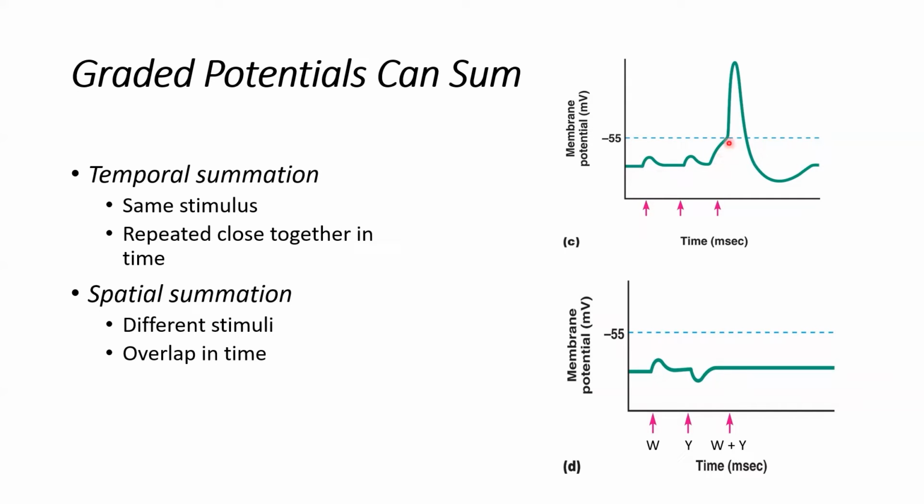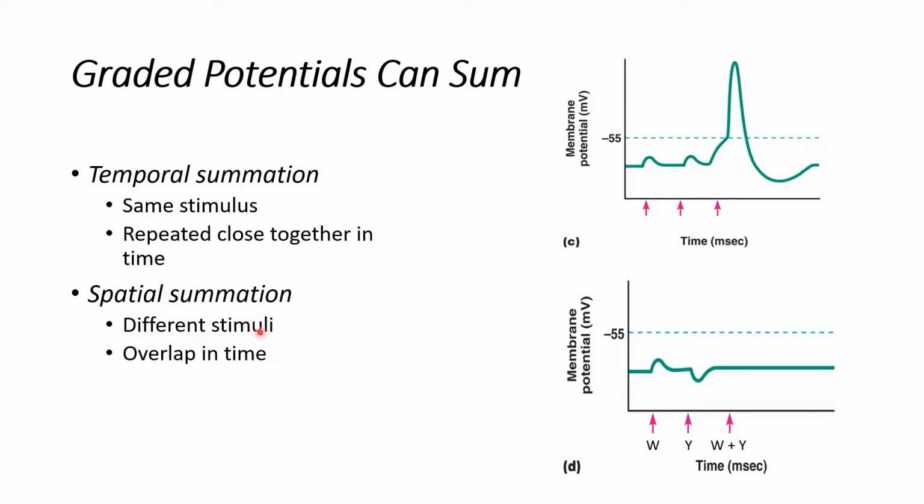That was enough to get us to negative 55, and so we can have an action potential. So that is temporal summation. It's the same spot on the neuron that's receiving stimuli that are close together in time, right? Repeated one after the other.